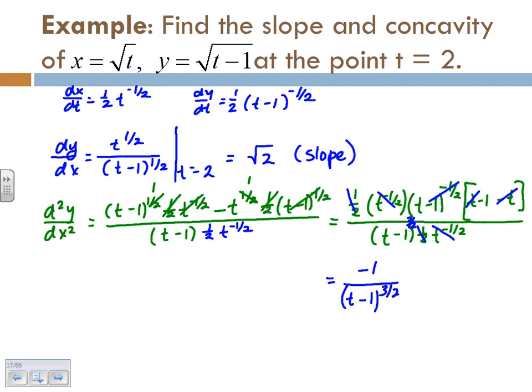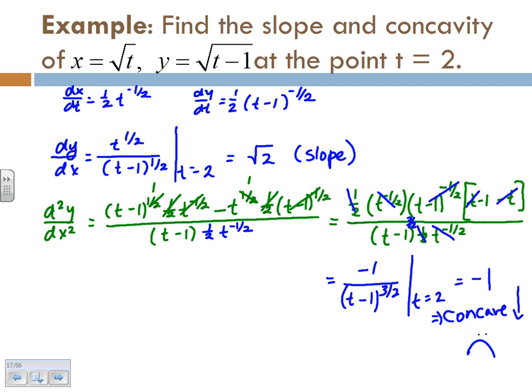And then you need to evaluate that still. Negative 1, concave down, shaped like a frown.